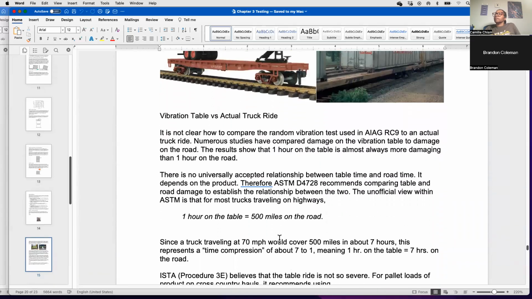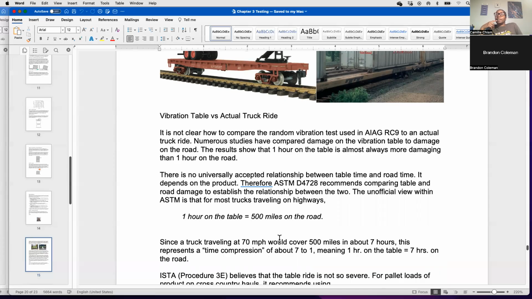Okay. So this is talking kind of what we've been talking about already. You've got a vibration table. We've already talked about the dynamics of the different axes and how it's hard to simulate that to an actual truck ride. This is saying it's not really clear how you do that.